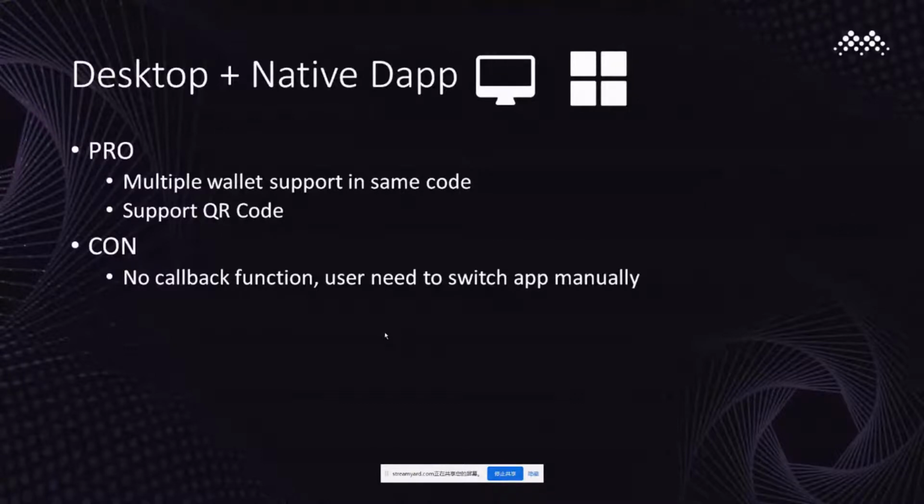This is not a big issue for something like a TV, but if you are a native app on another platform, after the user signs the transaction in the wallet, it will not go back to your game automatically because there are no callback functions. This sometimes confuses users because they have completed signing and there is no confirmation to tell them what to do next.